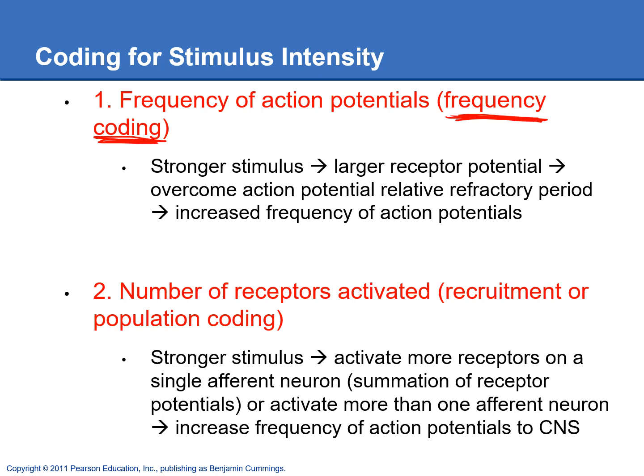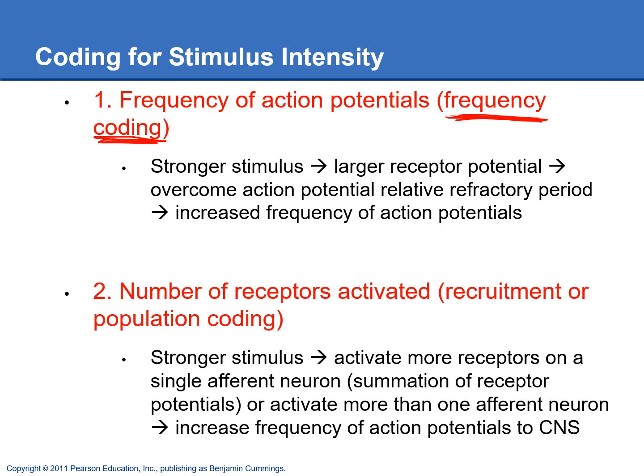So if there's a stronger stimulus, that'll create larger receptor potentials or graded potentials in the sensory neurons. And that means that the sensory neuron will stay above threshold at the first node of Ranvier and will overcome that relative refractory period, and then we can stimulate more frequent action potentials, and then the brain will interpret that as a stronger stimulus.